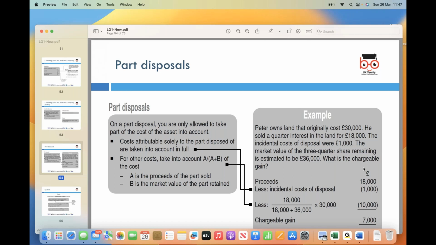So the chargeable gain is calculated as follows.